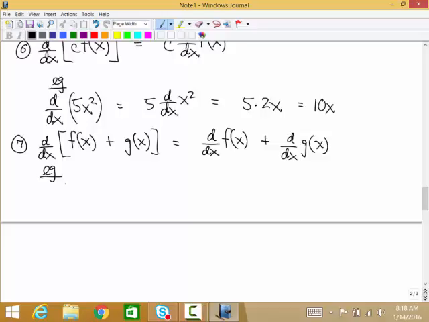So if you want to take the derivative of 3x cubed minus 5x, you just take the derivatives of the individual pieces. So 9x squared minus 5.